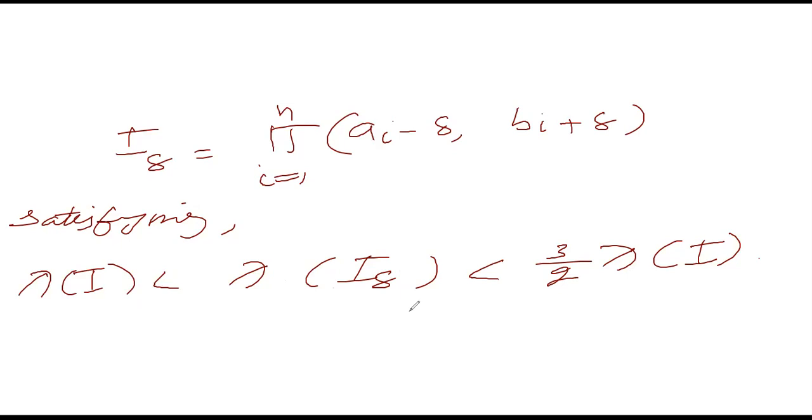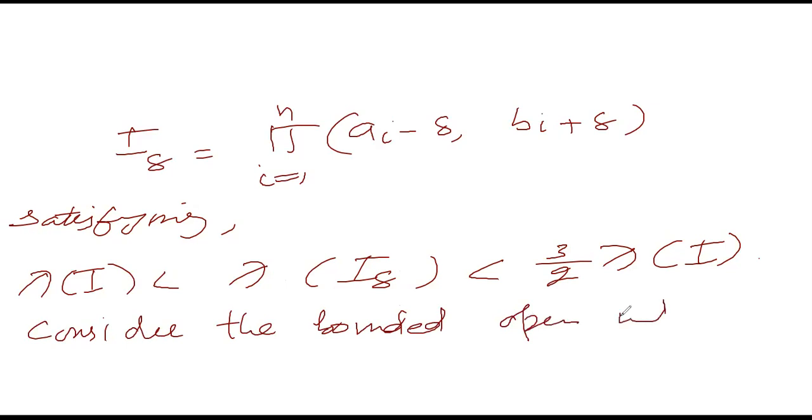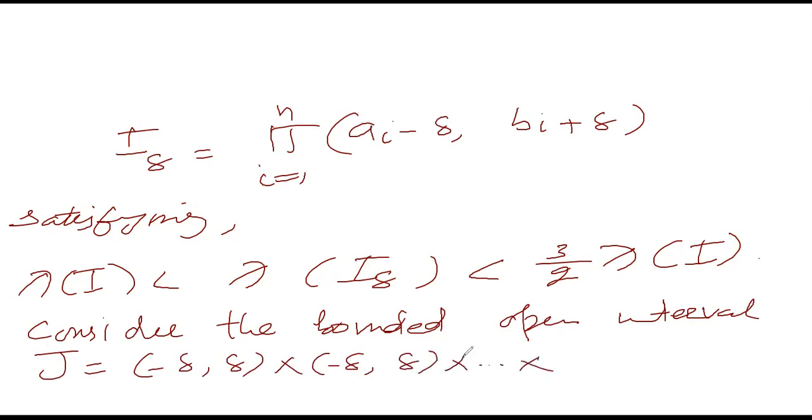Okay, and then we consider the bounded open interval J, which is equal to minus delta to plus delta, cross minus delta to plus delta, cross, n times. Consider this bounded open interval of Rn.